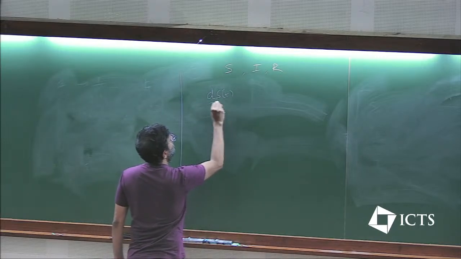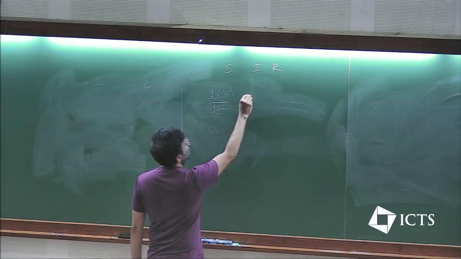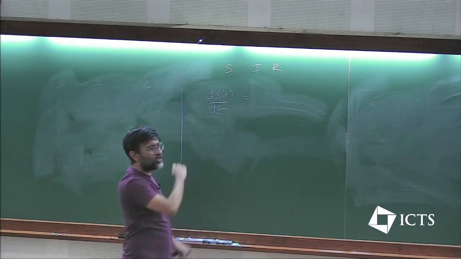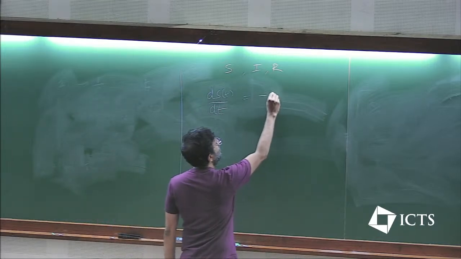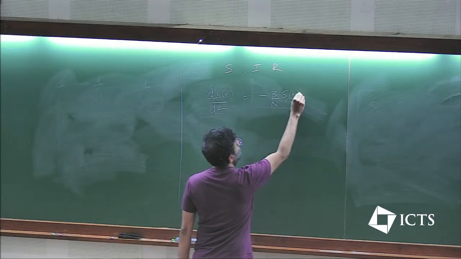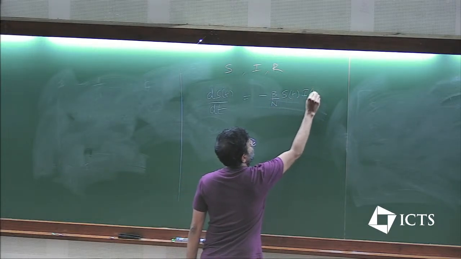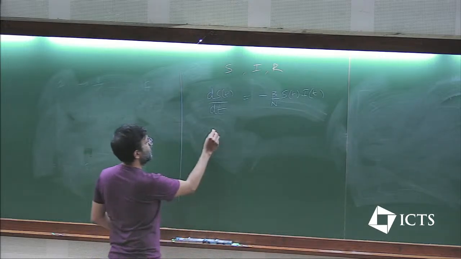The first is very much similar to what we've talked about. This is the rate of change of the number of susceptibles over time, and it's usually written like this. Okay, let's go into this a little bit more. It's very much related to this.